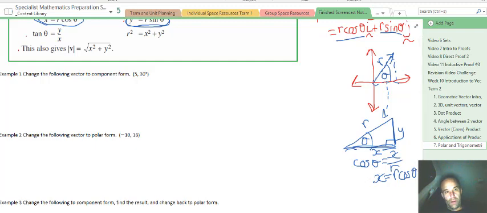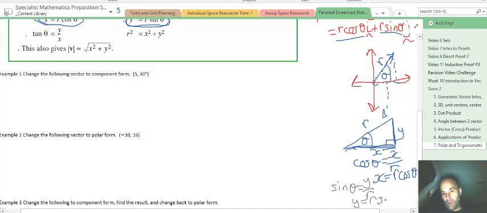Same with sine theta. Starting at that angle theta, sine theta is opposite over hypotenuse, which would be y over r, and rearranging that one, y equals r times sine theta, which is what we have above.